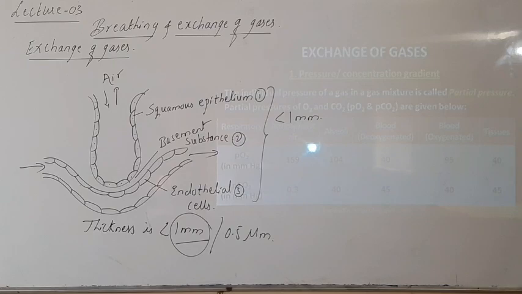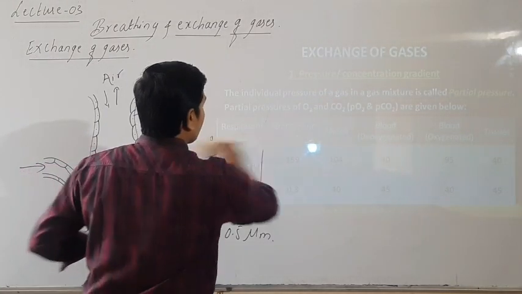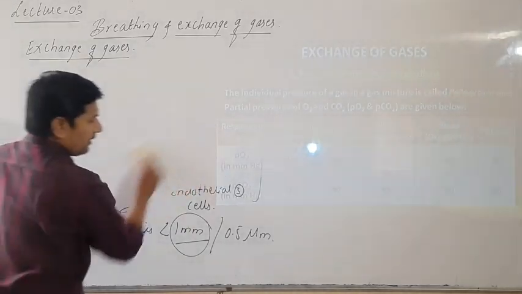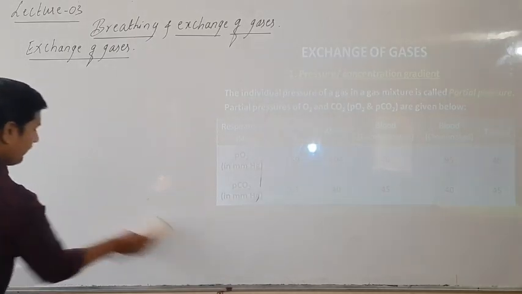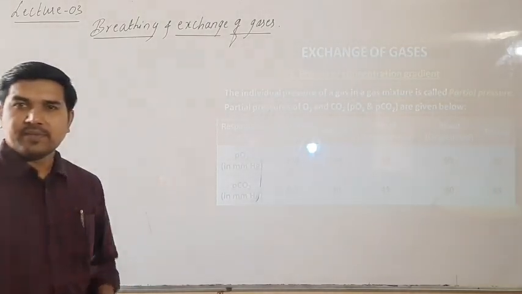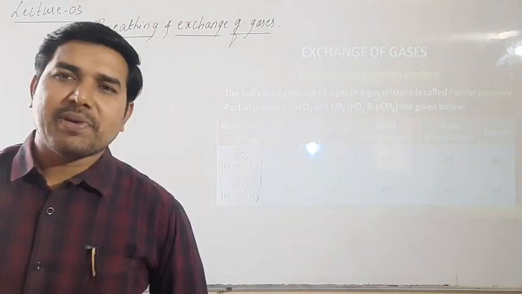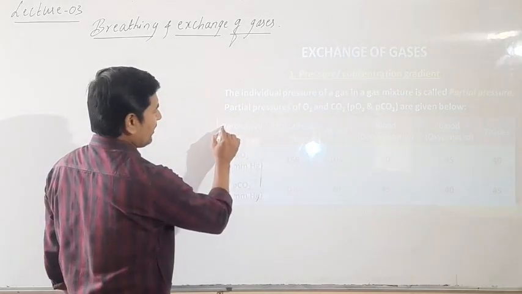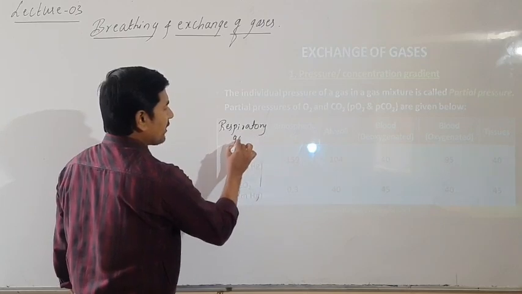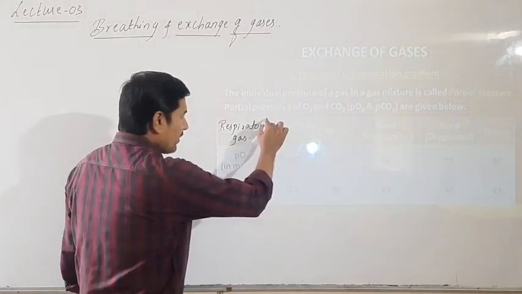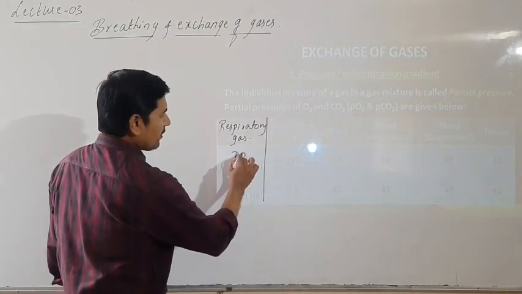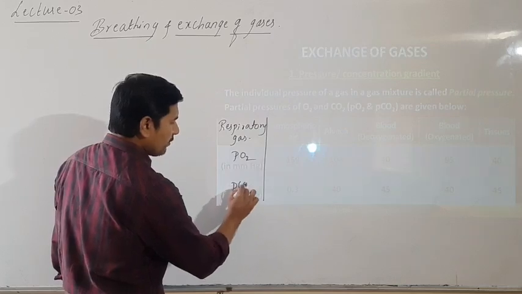Okay, now let's go to the chart of the gases. Now in the exchange of gases, if we look at this chart, we can make out the respiratory gases. Here we have the chart called respiratory gas. In this respiratory gas, we have PO2 and PCO2 levels.